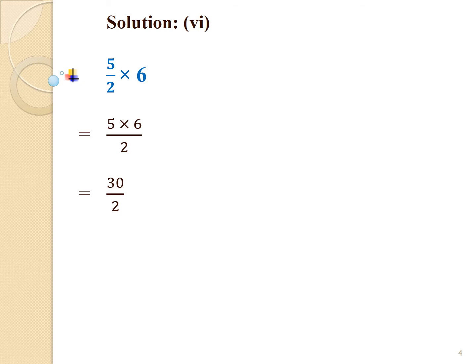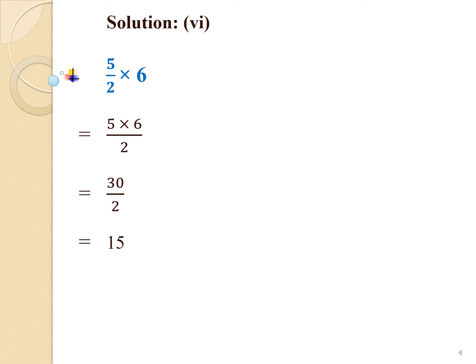Now, dividing numerator 30 by denominator 2, we get 15. Thus, 5 upon 2 into 6 is 15.